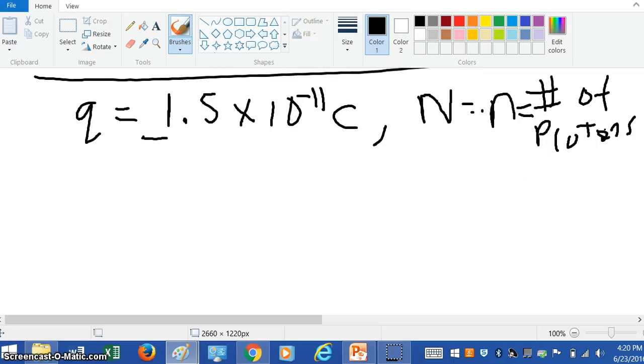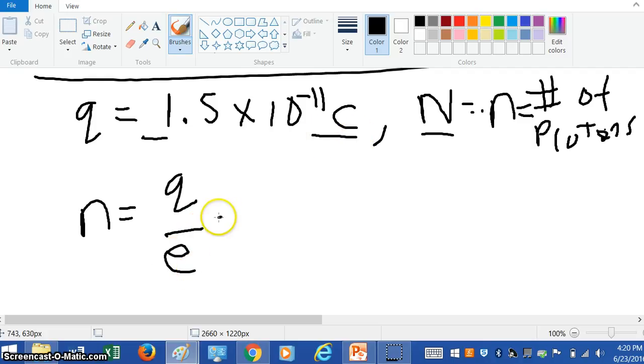Okay, so Q equals n times e. I'll stick with the lowercase, I shouldn't have used an uppercase. So n is equal to Q over e. Since this is already in coulombs, we can just put that in there.